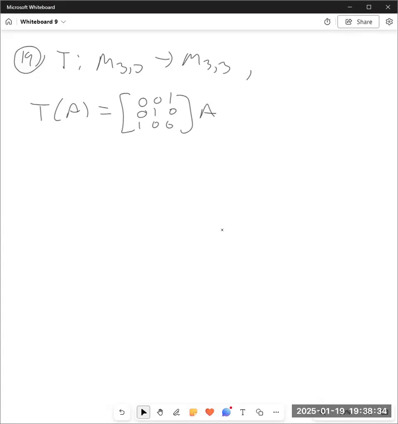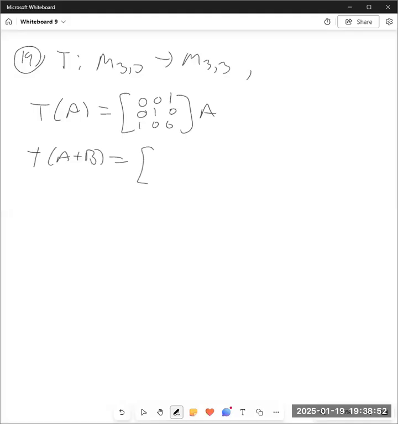And we want to test this to see what T of A plus B would be.